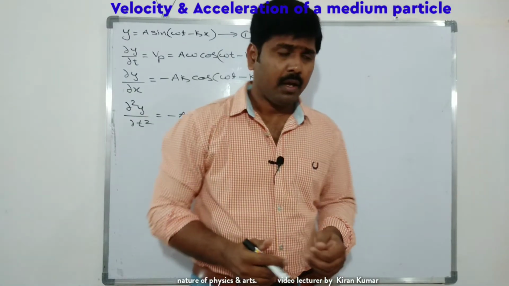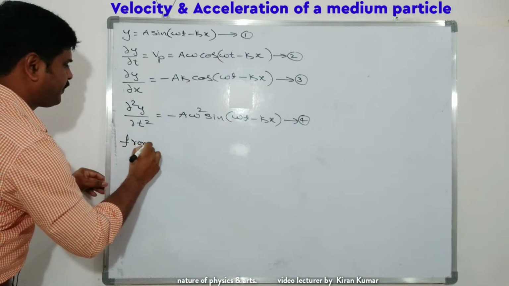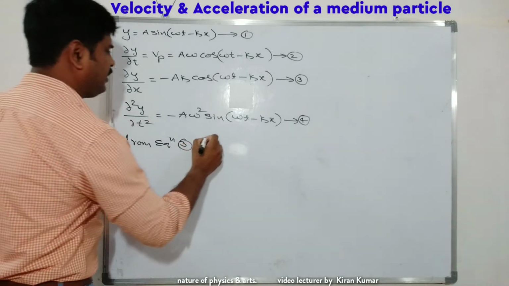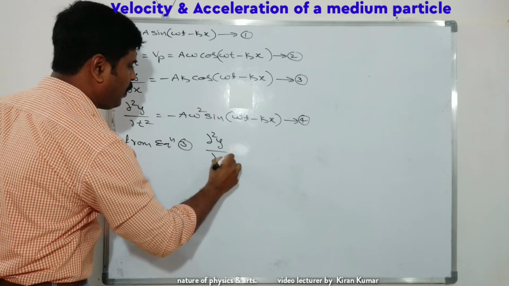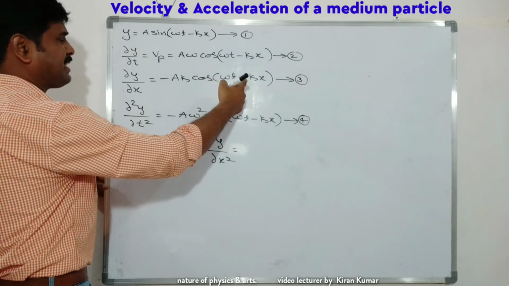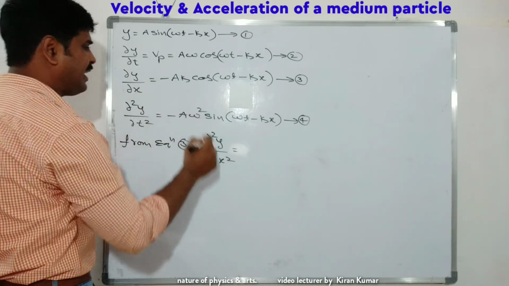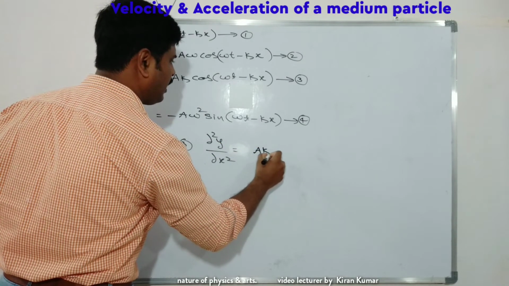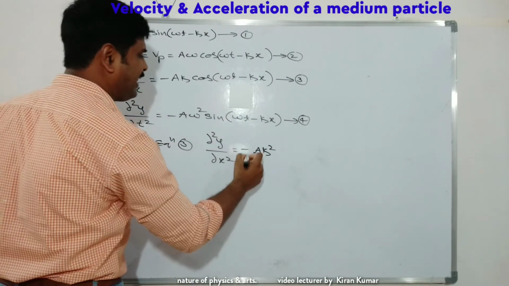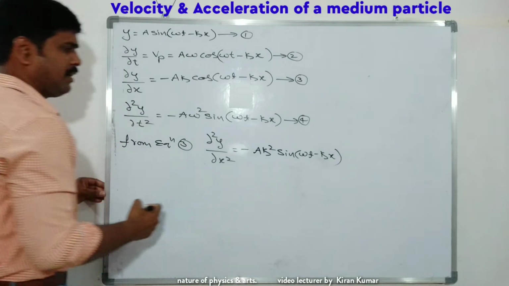Now the continuity relation. Considering equation number 3, partial differentiation with respect to x gives ∂²y/∂x², which is equal to the minus of minus, k is common here, minus k, that minus gets cancelled, then a into k², and the partial differentiation of cos is minus sin(ωt − kx).